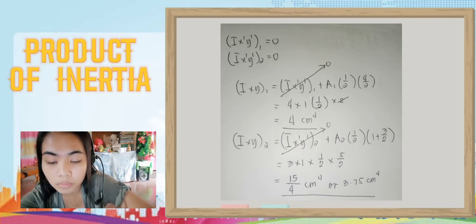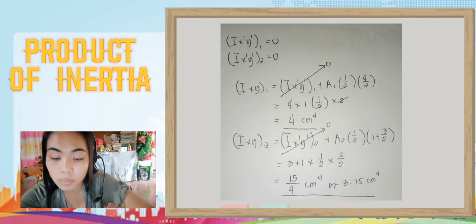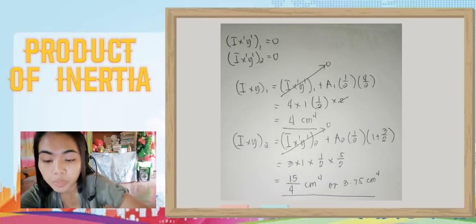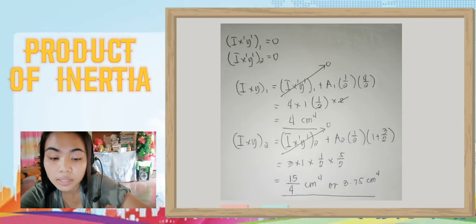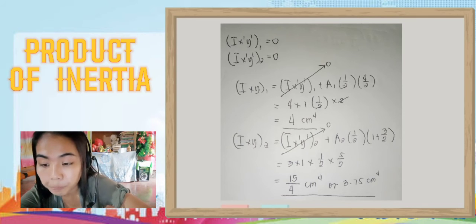So, ang matitira na lang is 4 cm raised to 4. So, sa I_xy2 naman natin is equal to I_x'y' plus area 2 times 1/2 times 1 plus 3 over 2.